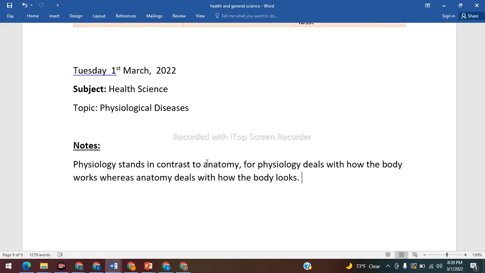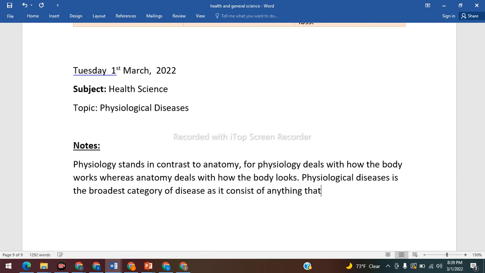Now, since physiology deals with how the body works and functions, physiological diseases is the broadest, the biggest category of disease, as it consists of anything that can physically go wrong with the body.